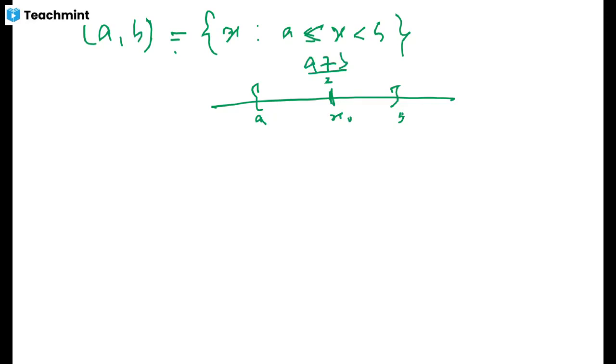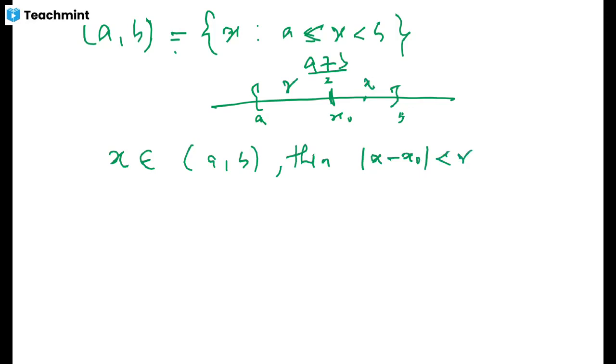That means if I take any element x in this interval (a, b), and let the distance from the center to a be some number r, then x lies somewhere here, and the distance of x from x0, the center, has to be less than r. If it is an open interval, it has to be less than r.